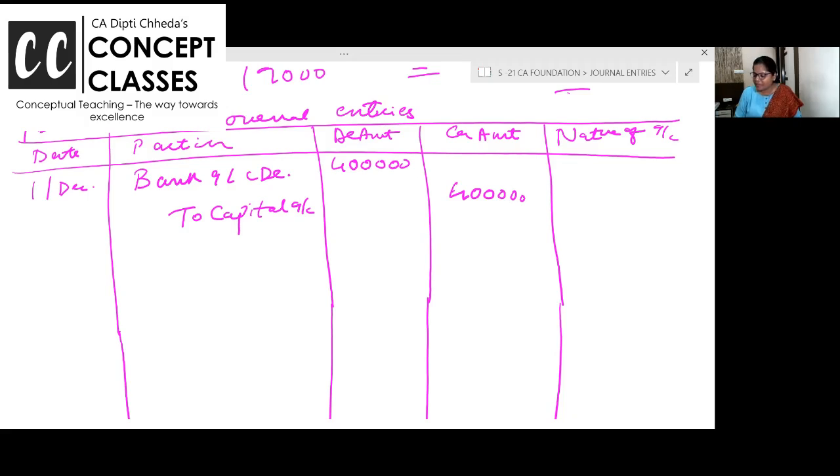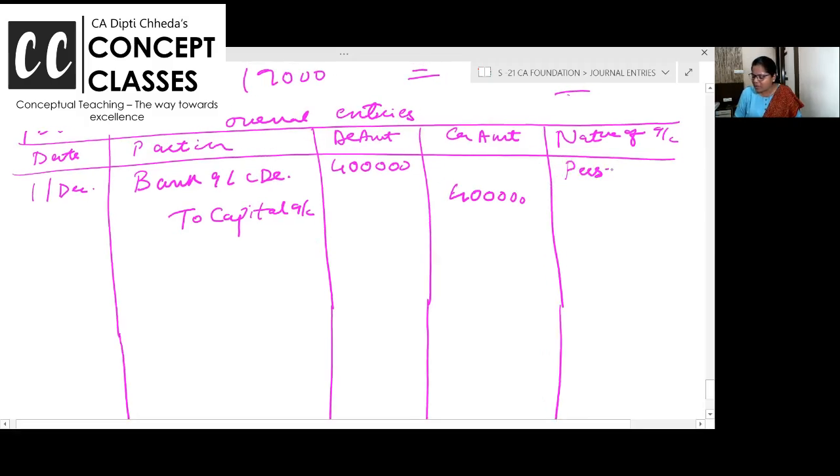Personal account. What is the rule of personal? Debit the receiver, so we have debited bank. What is the nature of the capital account? Personal. What is the rule of personal? Debit the receiver, credit the giver. Who is the giver? Capital account. Ajit is bringing in money. So is the interpretation clear?